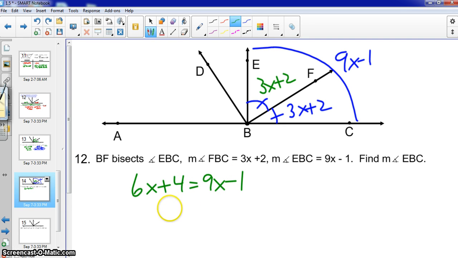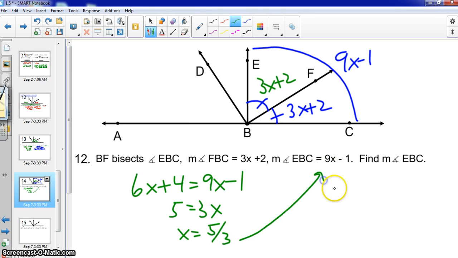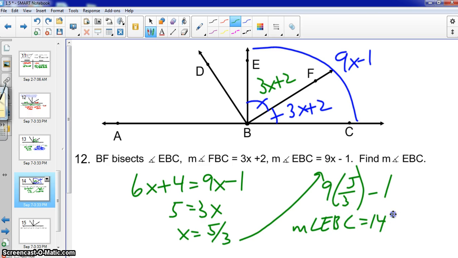So now I can solve for x. And then if I'm finding angle EBC, plug it back in for x. I get the measure of angle EBC is equal to 14 degrees.